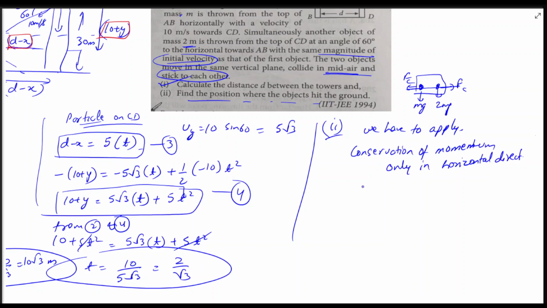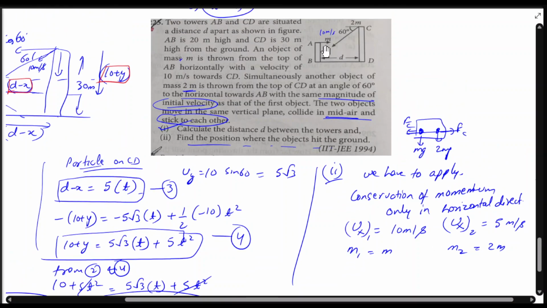And we know the horizontal velocity of both the particles. So ux for one was what? 10 meter per second, and ux for two was 5, right? It was 5 meter per second. Okay, so mass of one is m and the mass of two is 2m, right? Let me check, m and 2m.